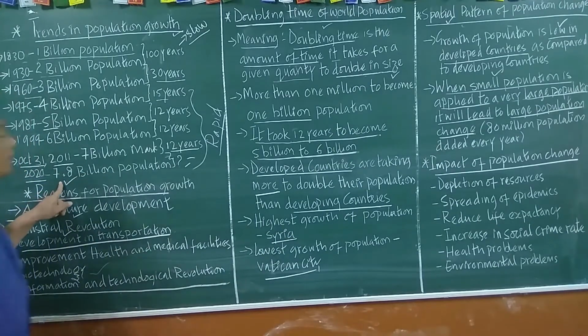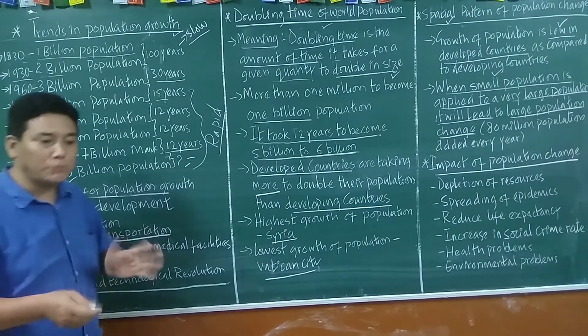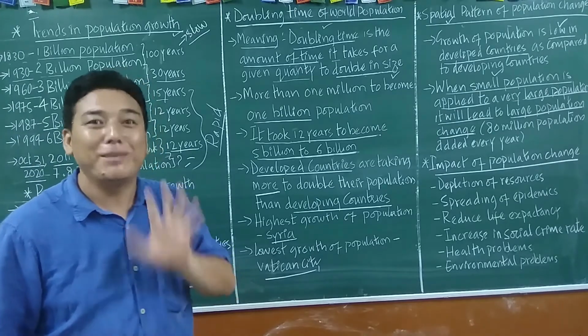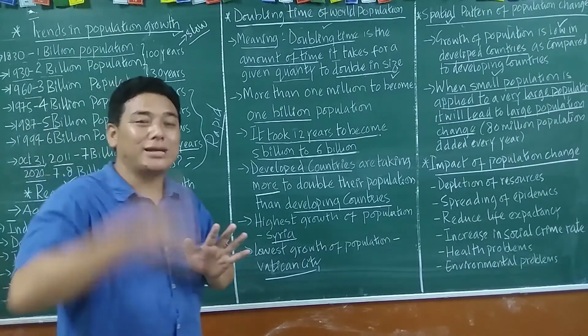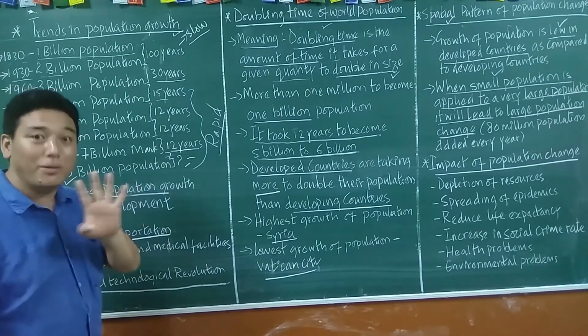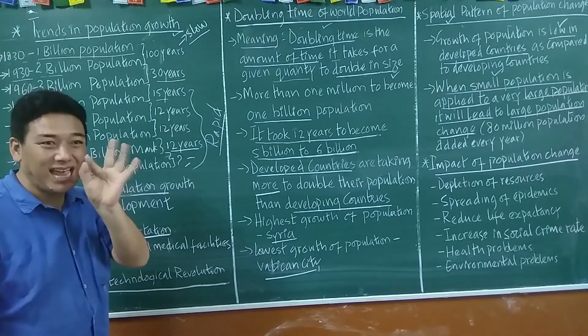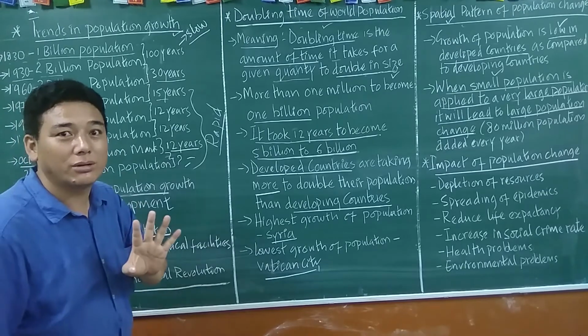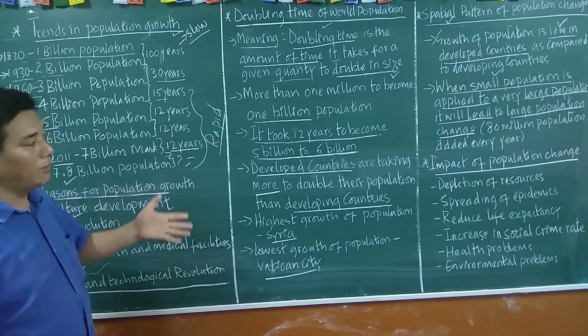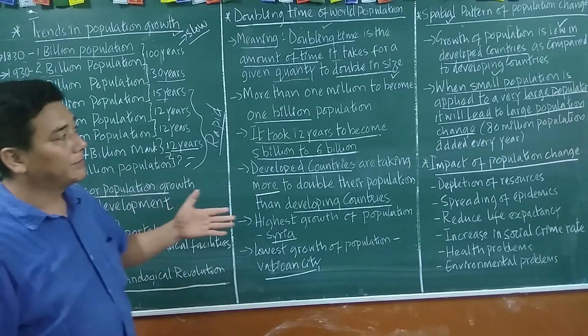The population is 7.8 billion, and it is believed that in a second 4 babies are born. Imagine, and then you try to calculate. Is it clear? 4 babies in a second. So now just imagine the populations of a country.